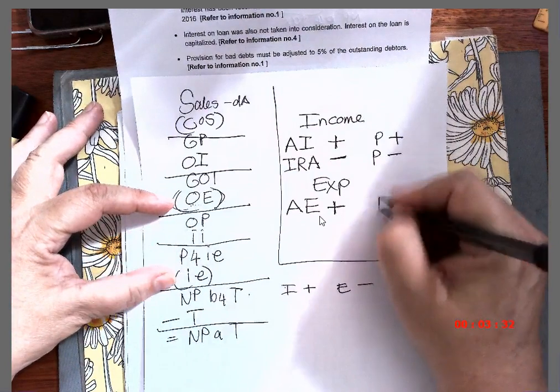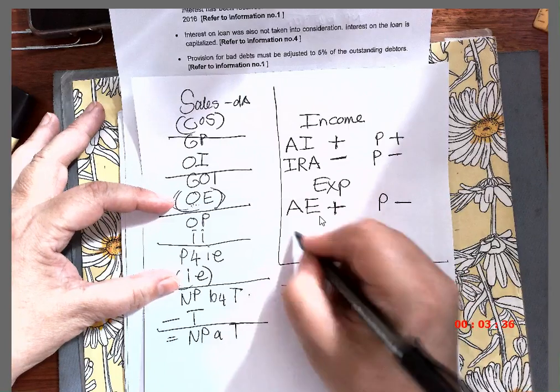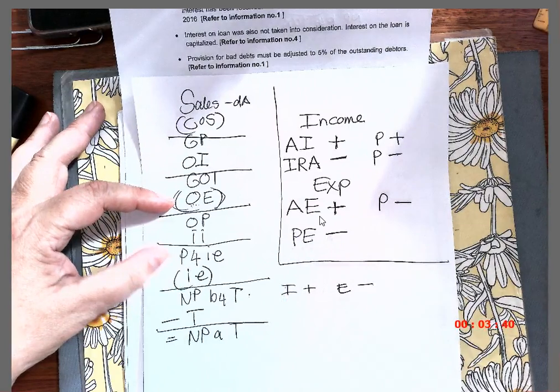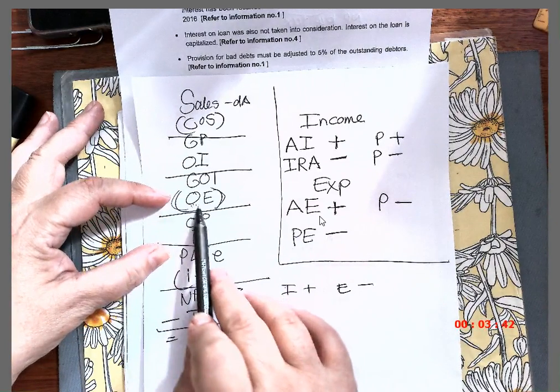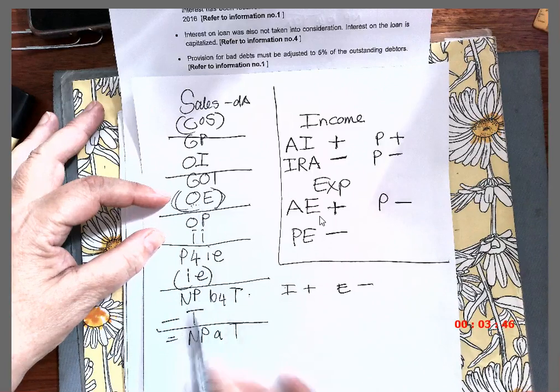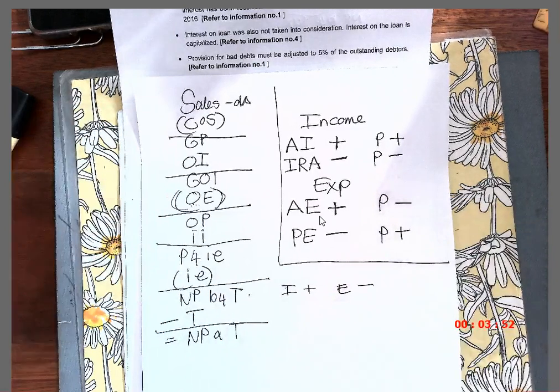Your profit is going to be less. If it's a prepaid expense, we said future makes it less. So if this amount that I need to minus becomes less, what will happen to my profit? It will increase.